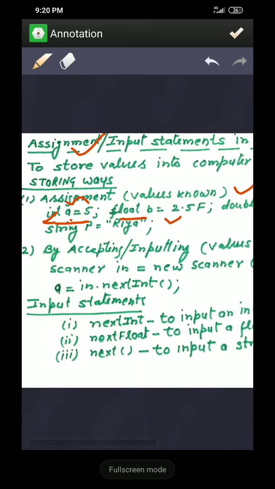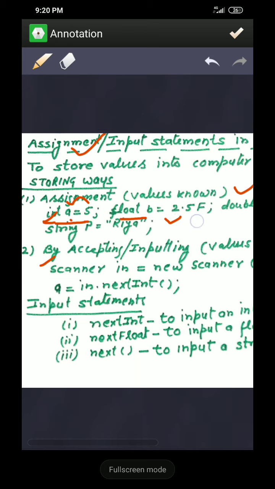That is when the values are known. If the values are not known, you can relate this with an example. I am saying to you, add two numbers. So obviously you will ask me, sir, which two numbers? So I will give you two numbers, then you can add those numbers.